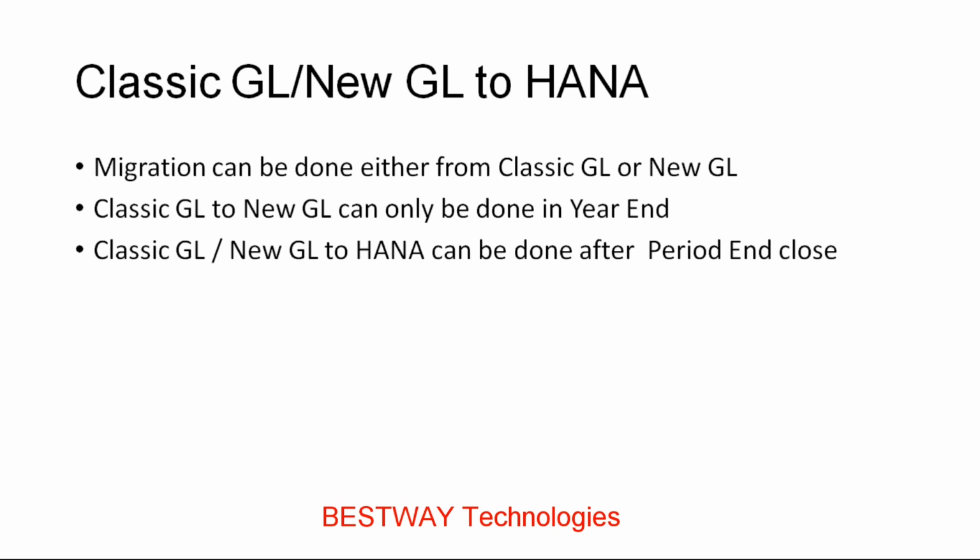If you have already worked on a classic to new GL migration project, SAP recommends doing that migration only at year end. As soon as you do the year end closing, we plan the new GL migration in the production environment in the 2nd or 3rd week of January.